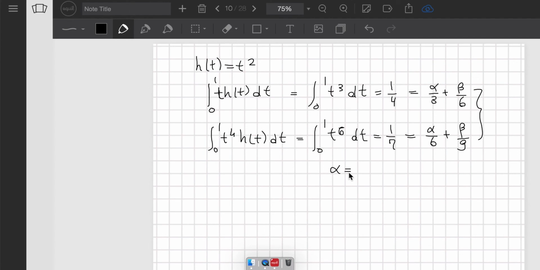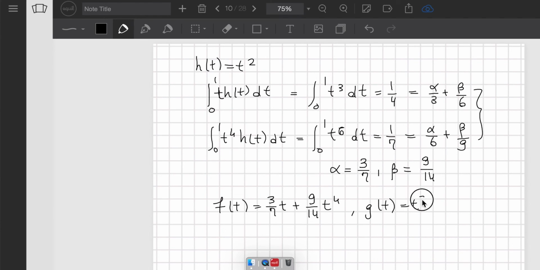You can calculate them using just Wolfram Alpha or by hand, and you will find that alpha is equal to 3/7 and beta is equal to 9/14. So we can write f(t) to be 3/7 t plus 9/14 t to the fourth. And g(t) will obviously be h(t) minus f(t), so t squared minus 9/14 t to the fourth minus 3/7 t.